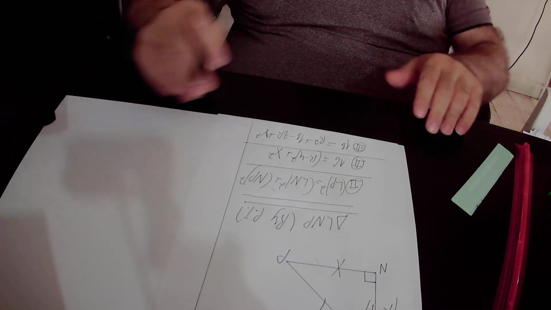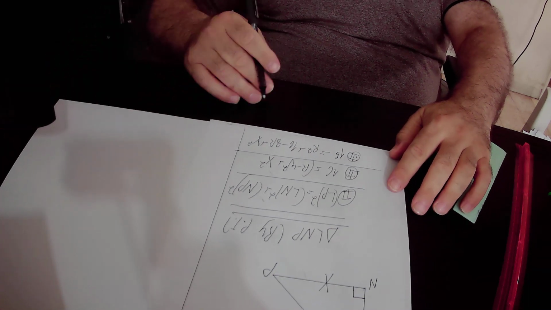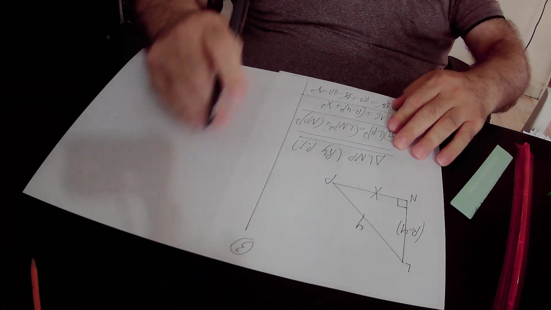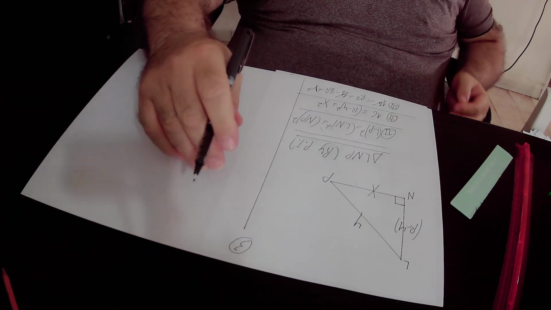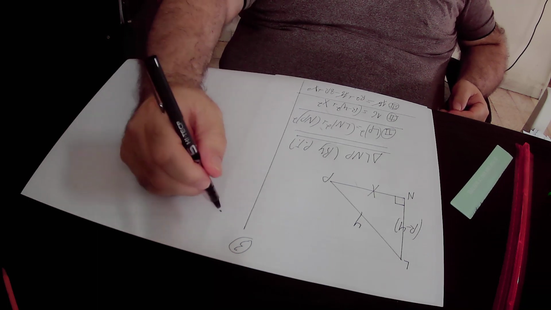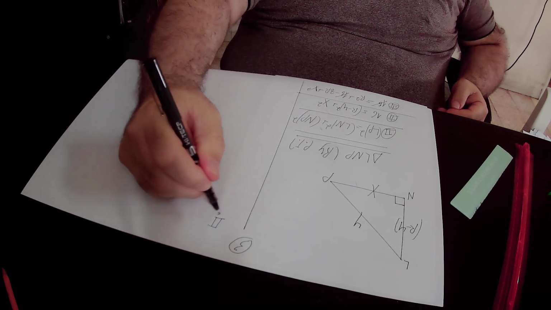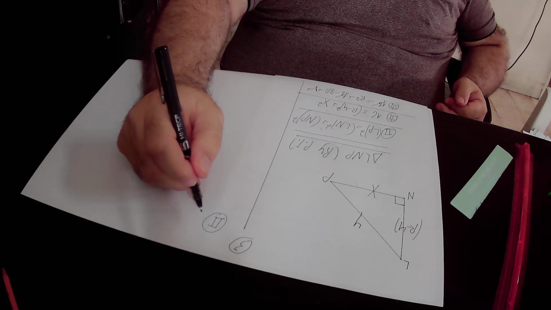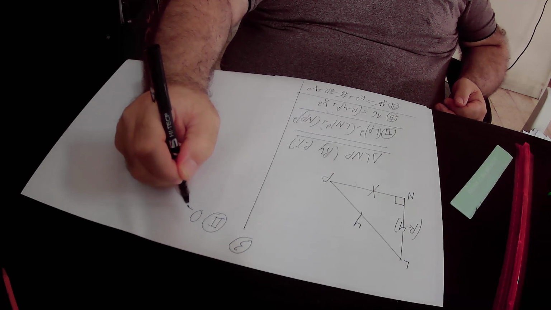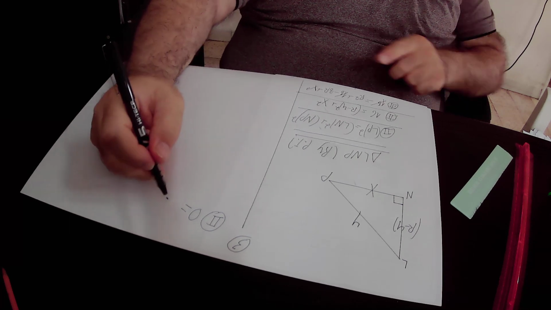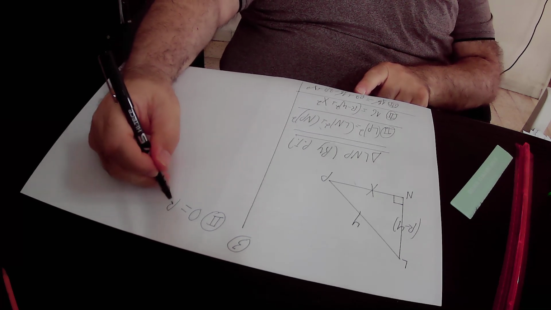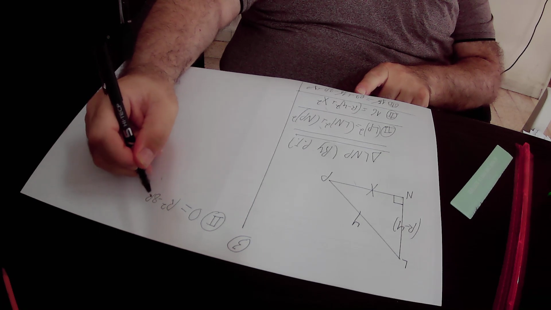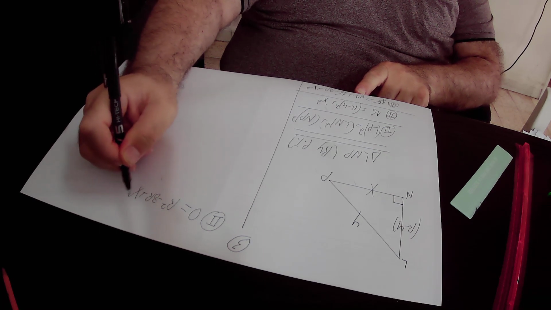Here we have 16 on both sides of equation number 2, so 16 will get cancelled. What is left of equation number 2 after we cancelled 16? On this side we have 0, nothing left, that is equal to R square minus 8R plus x squared.